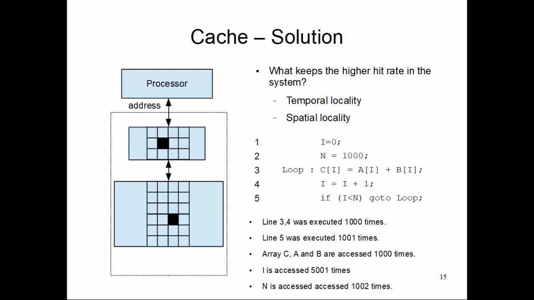Let's say in this example we are accessing 3 arrays with the index over and over, right? In this code, the arrays are a sequential arrangement of elements, one after another, sequentially arranged per memory address.